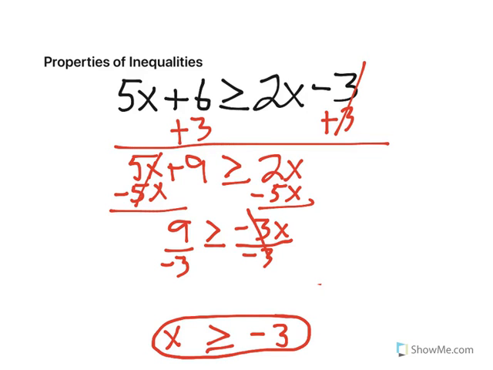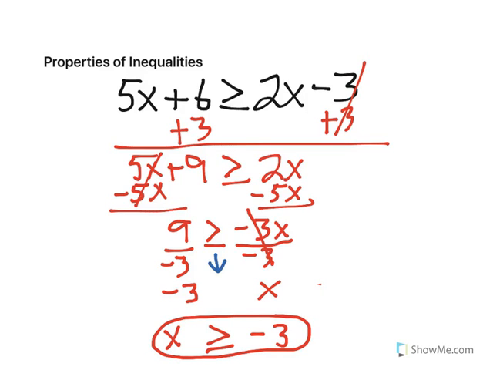Negative 3 divided by negative 3 is 1. And 9 divided by negative 3 is negative 3. So negative 3 on the left and x on the right. Here's where the trick comes in.